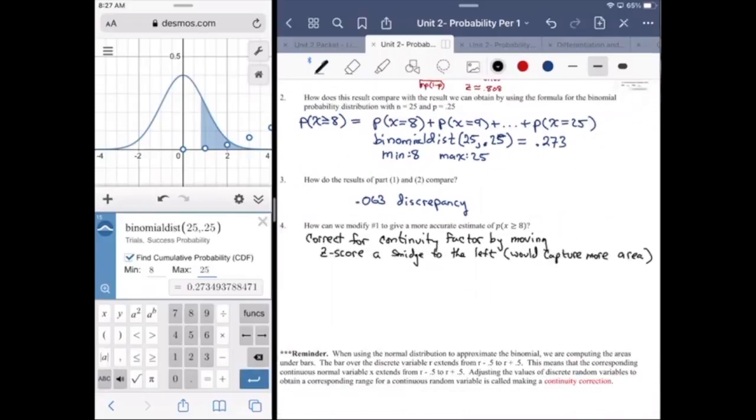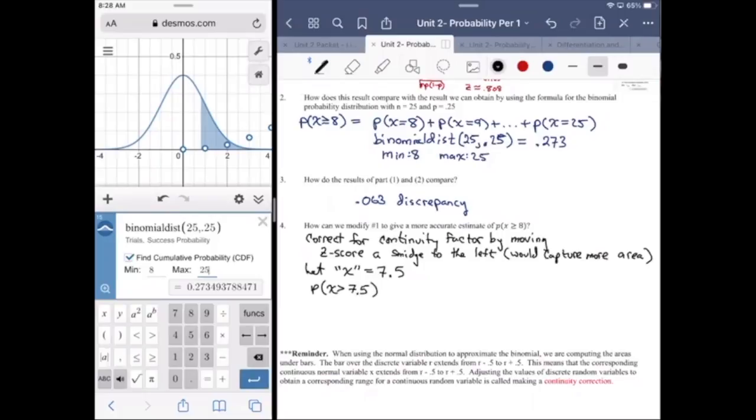But then the big question is, what's a smidge? What we want is something mathematically sound that also gets the job done. So what we could do is let x equal 7.5 and find the probability that x is greater than that number.